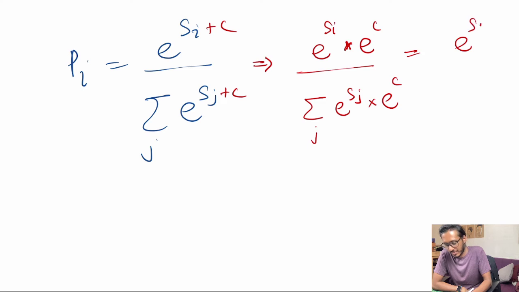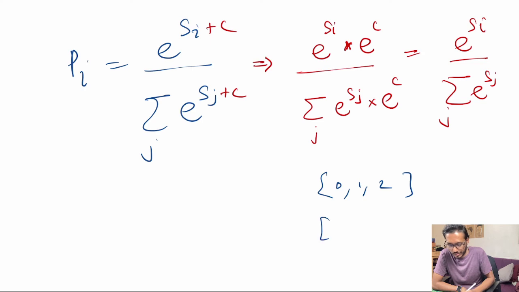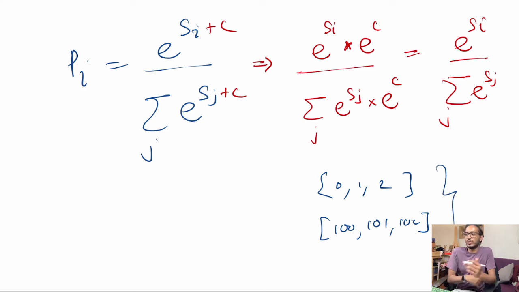So in this case, both 0, 1, and 2, and 100, 101, and 102 would give us the same probability distribution.